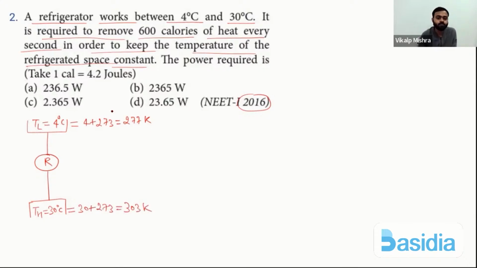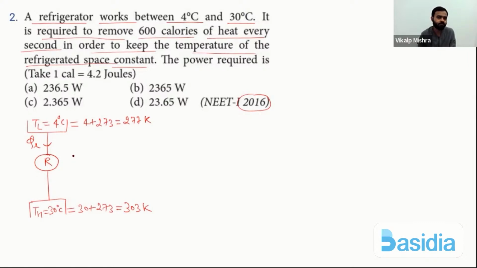Now what are they saying in the question? It is required to remove 600 calories of heat every second from the lower temperature. That much will be the cooling in the refrigerator. So they have given this Q extracted, QE.